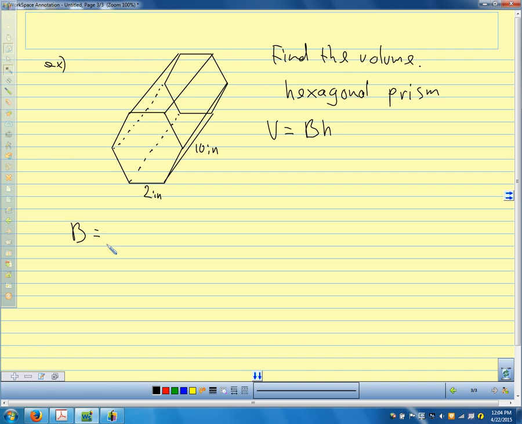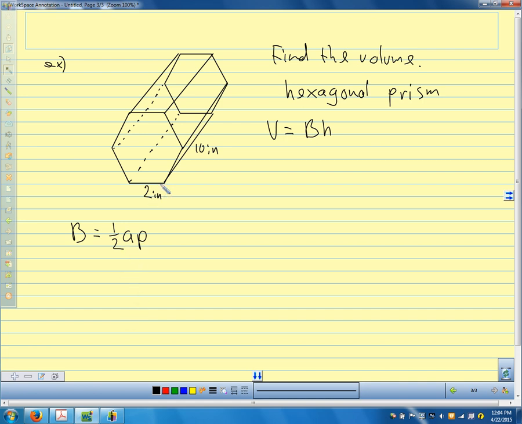How do we find the area of a hexagon? What's our formula? All those nice area formulas that we talked about last chapter coming back to be our friends again. Well, give us a hint. 1/2 AP. Apothem times the perimeter.